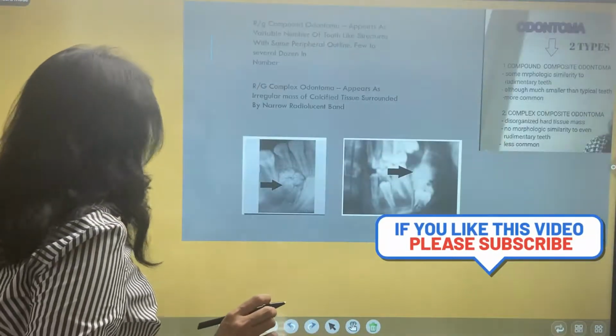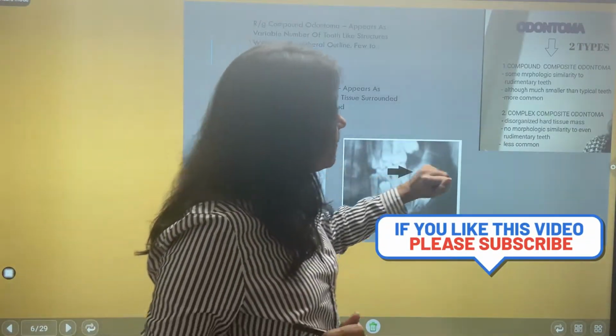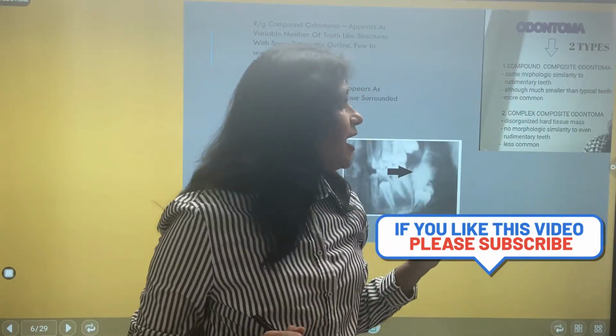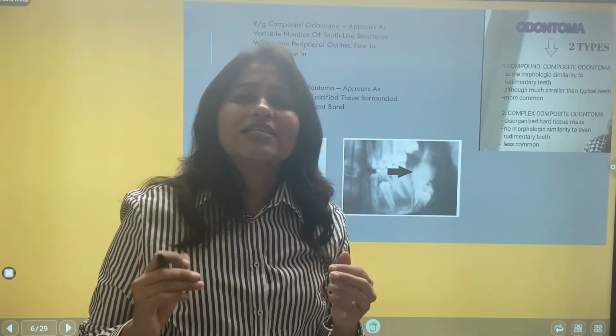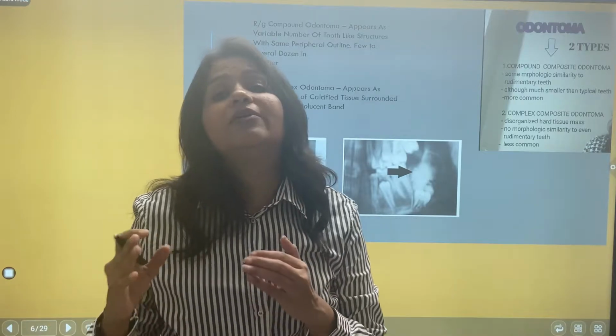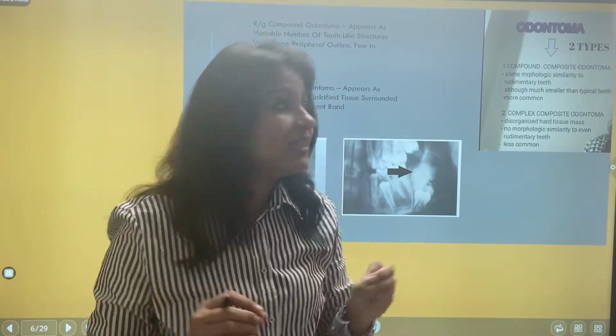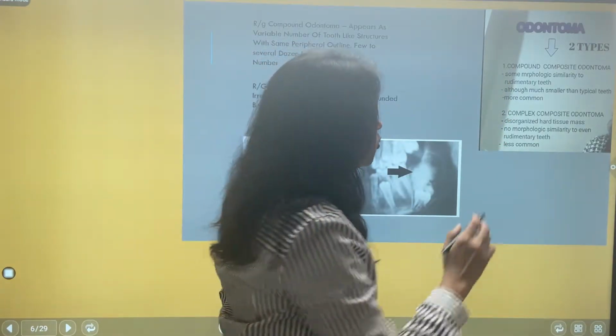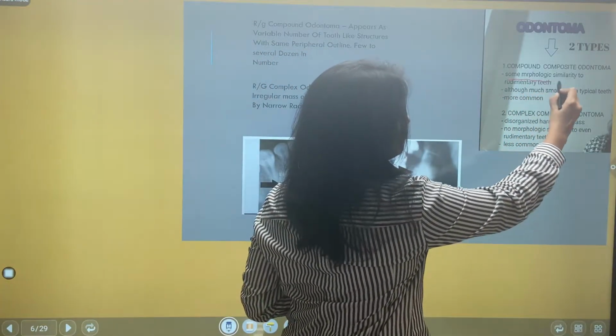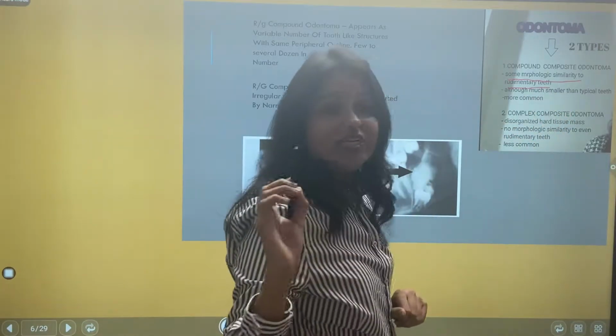So what are complex and compound odontome? Compound odontome are when the tumor has some resemblance to rudimentary teeth, then it is called as compound odontome. So some morphologic similarity to at least rudimentary teeth.